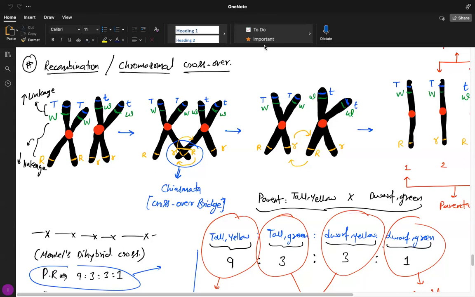Otherwise I can just keep drawing chromosomes and keep telling you this goes where, this goes here, and it will make no sense. So we discussed something. What is happening? Why is it happening? Where is linkage in this whole picture? Why do we call it recombination? Remember anyone? Rabia?